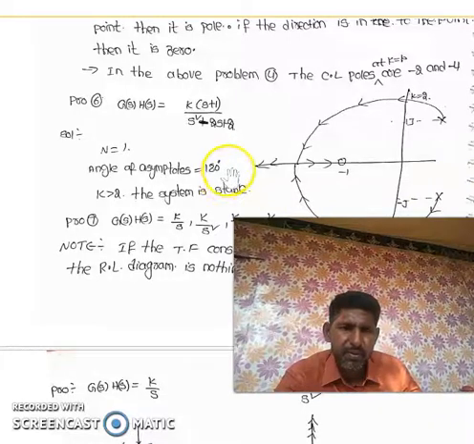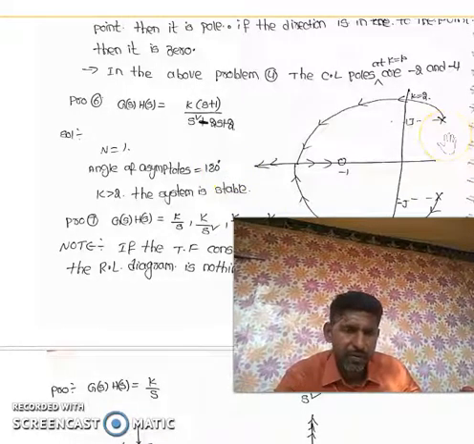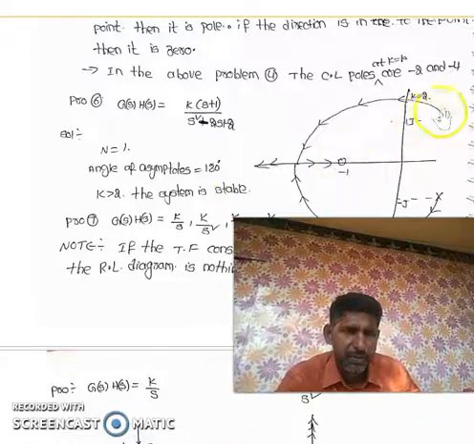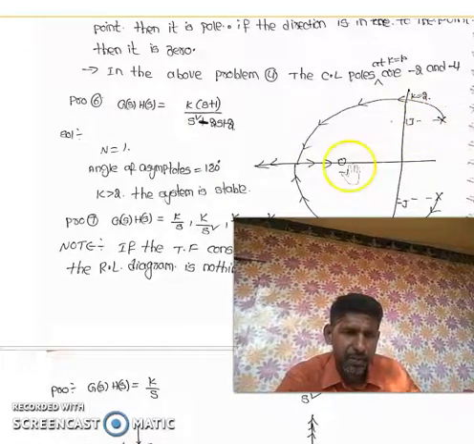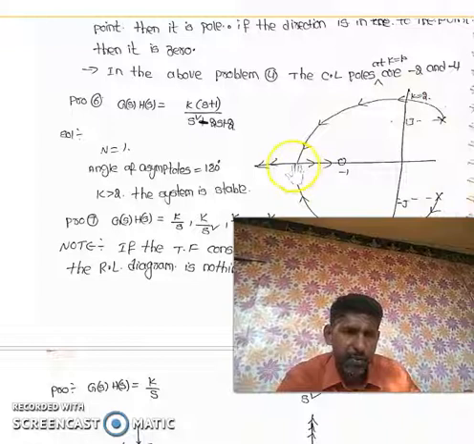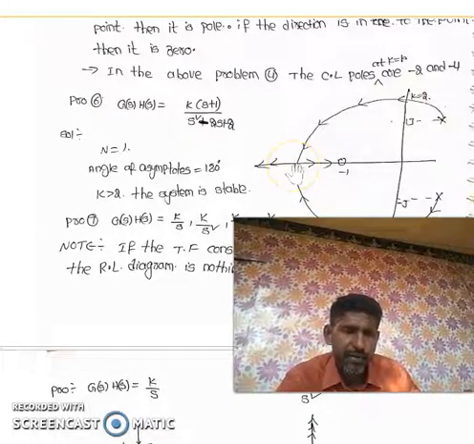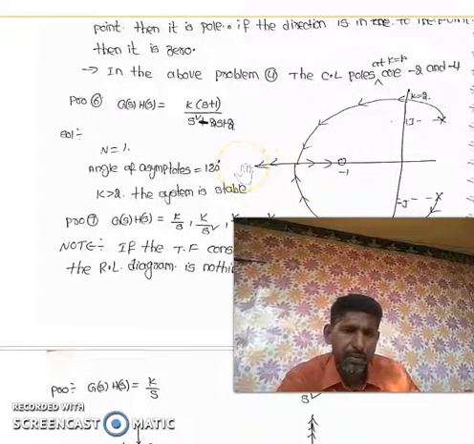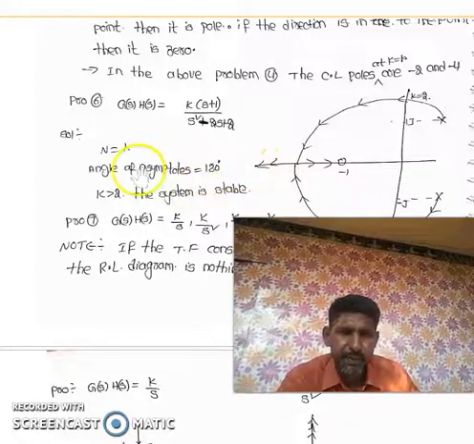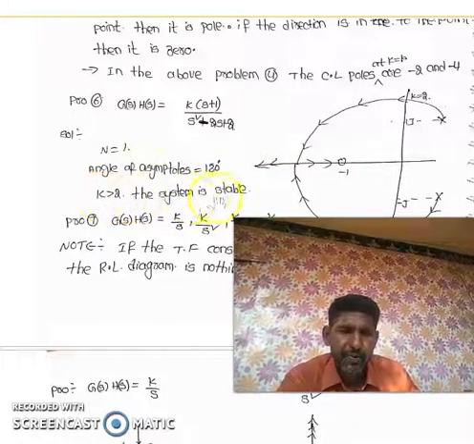So the number of asymptotes is 1, since one zero is present. One pole will end at the zero, and one more pole will end at a zero which is present at infinity. For k equal to 2, the system is stable.